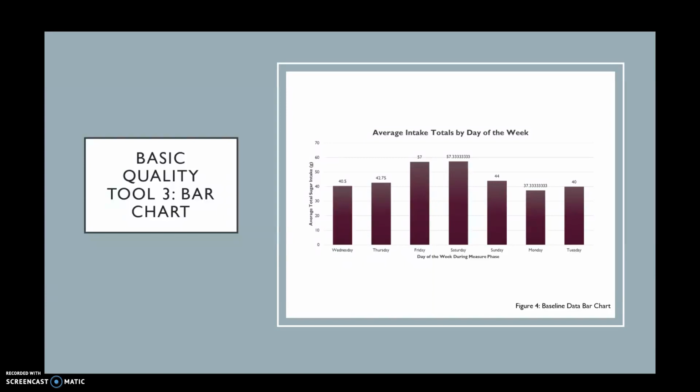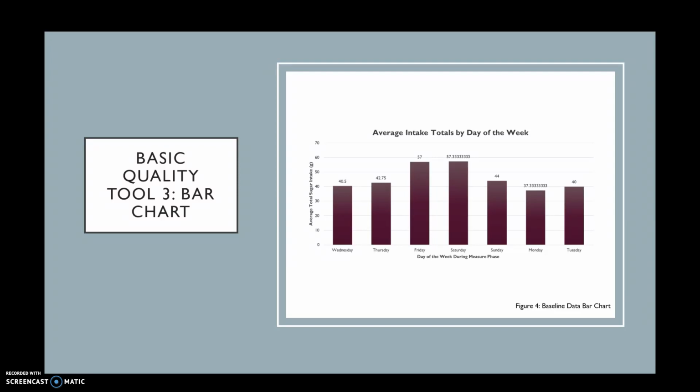I wanted to have another way to display my data to be able to figure out what the root cause was for my total sugar intake and why it was so high. So I grouped my data into days of the week and the averages of sugar that I was consuming on those days, and seeing if there was a correlation between that day of the week and how much I was eating.